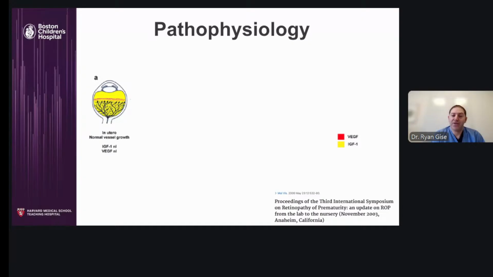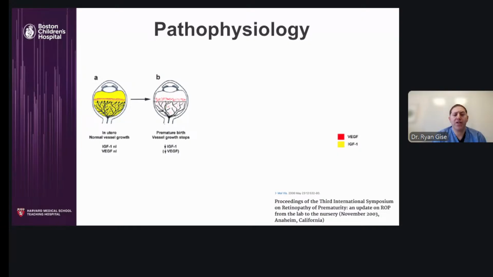So now that we know the normal retinal vascular development, it's really important to look at what happens in retinopathy of prematurity. So in utero, it's a hypoxic environment, and you have normal vessel growth, and you have normal levels of IGF-1 and VEGF. When you have premature birth, the hypoxic environment in utero that the child was in becomes hyperoxic.